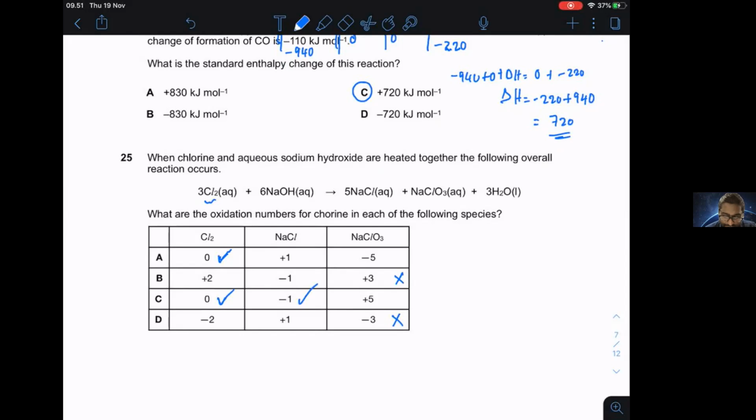And then for this one, if you want to calculate, you can: 1 plus x plus 3 times -2 equals 0. x equals -6 plus 1... so x equals 5. Okay, so that's 5, C.